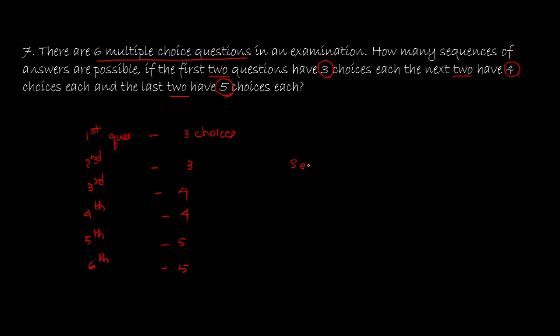So, sequential answers equal 3 multiplied by 3 multiplied by 4 multiplied by 4 multiplied by 5 multiplied by 5 equal 3,600.